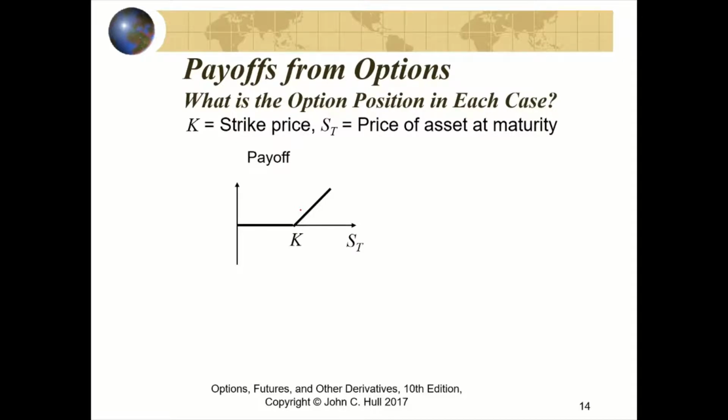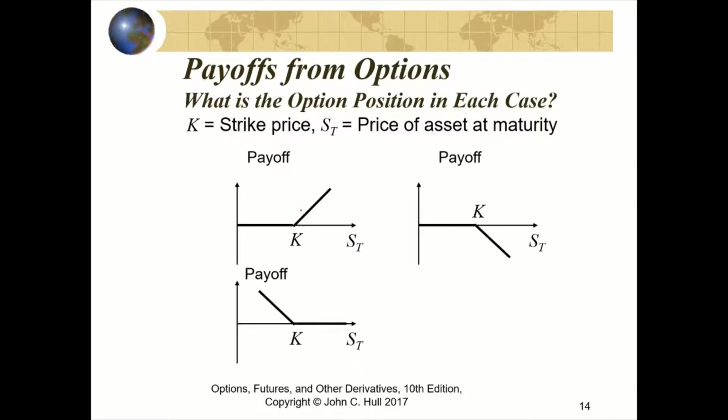Here we will observe the payoffs of different option positions. Now, in an option payoff diagram, we ignore the premium. So we just look at the difference between the strike price and the price of the asset at maturity, ST. Now, what is this position here?